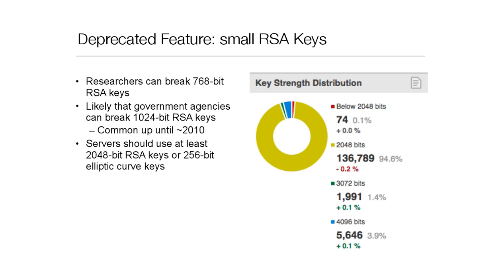So it is likely that government agencies can break 1024-bit RSA keys most of the time. So servers should use at least 2048-bit RSA keys or 256-bit elliptic curve keys if they use the RSA scheme for authentication.